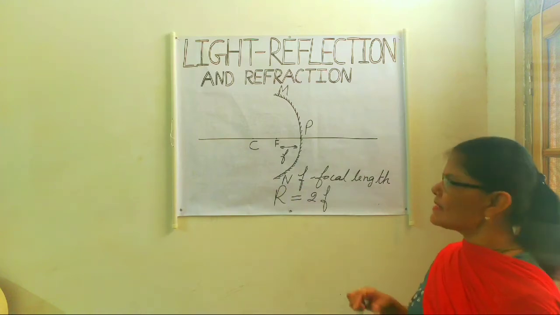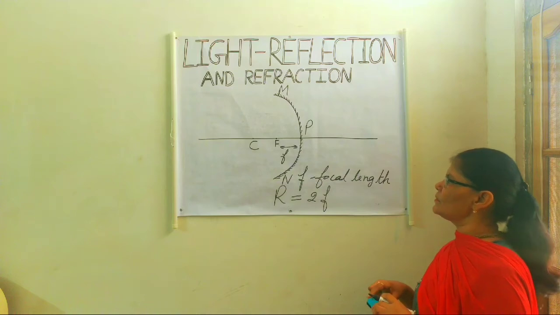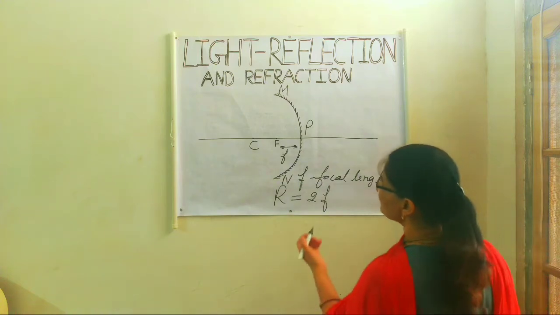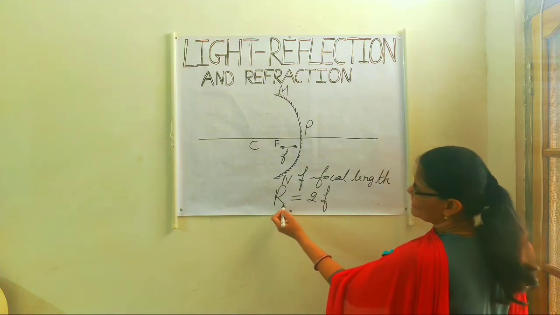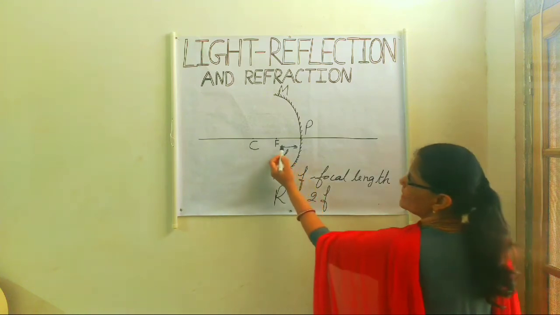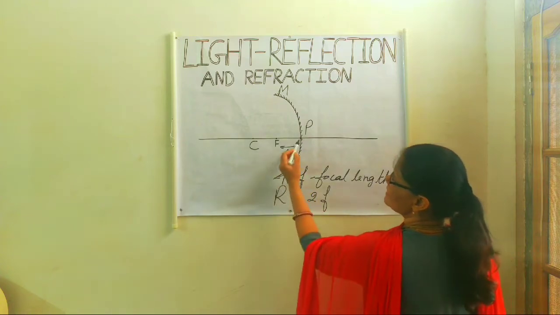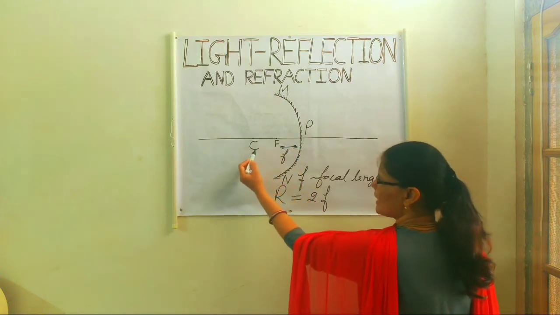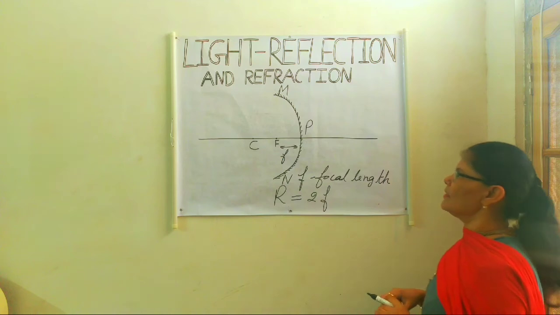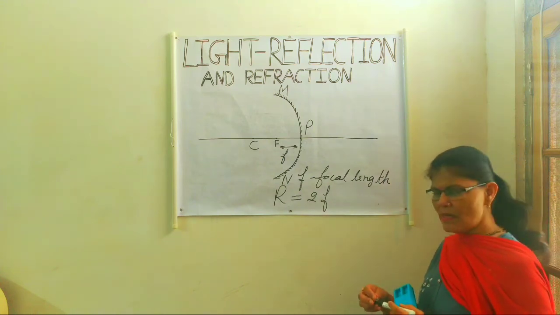So for mirrors having small apertures, the radius of curvature is equal to 2 times f, 2 times the focal length. Focal length is the distance between pole and focus, and R is the distance between pole and C. So these are the important terms which are related with the ray diagrams of spherical mirrors.